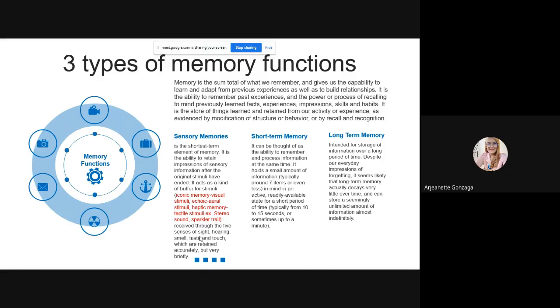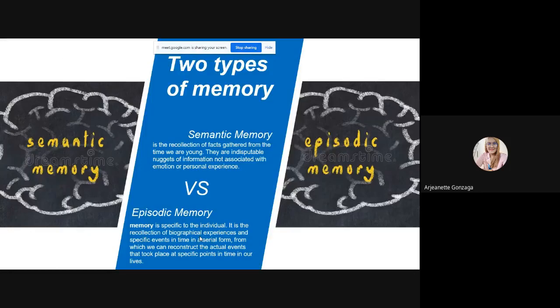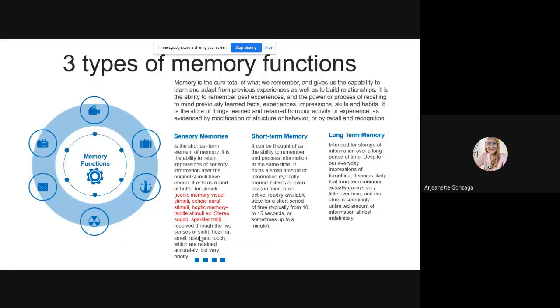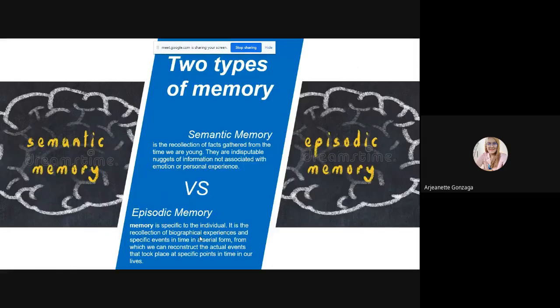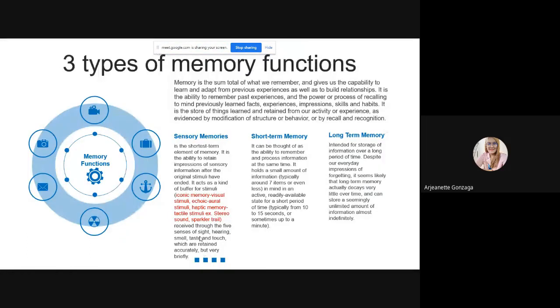So we have the 3 types of memory functions. So what are the 3 types of memory functions? We have the sensory memories, we have the short-term memory, we have the long-term memory. Okay, sa short-term memory, it is the shortest term element of memory.